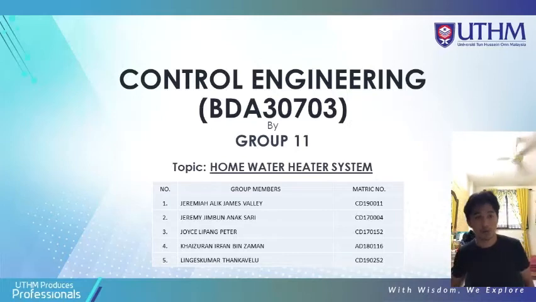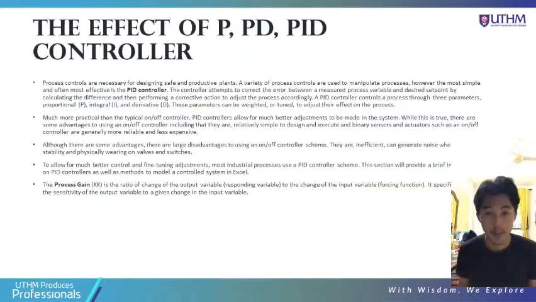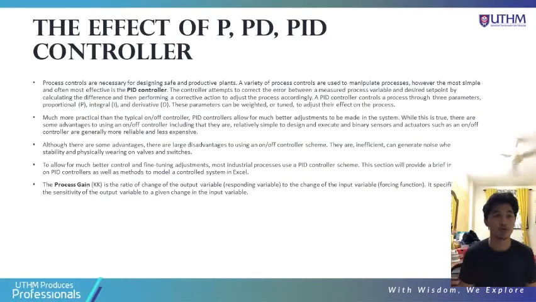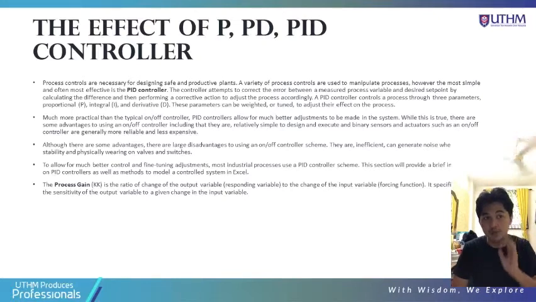Today I'm going to talk about the effect of P, PD and PID controllers. So first of all, process controls are necessary for designing safe and productive plants. A variety of process controls are used to manipulate processes, however the most effective is the PID controller.